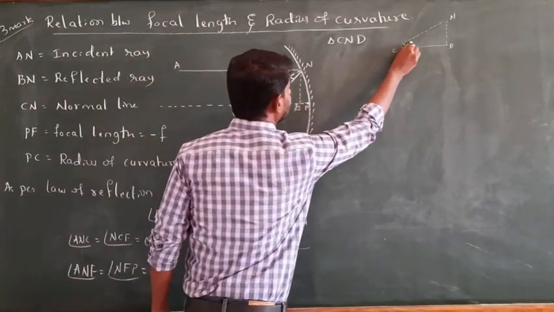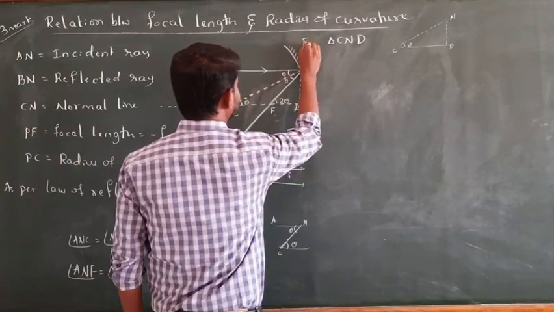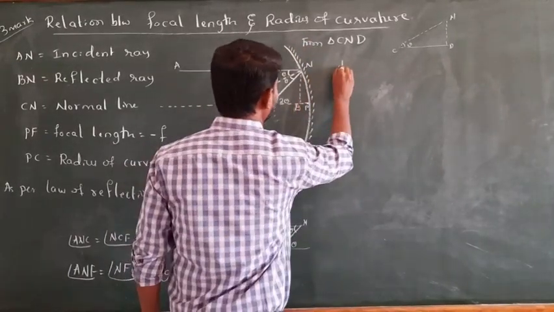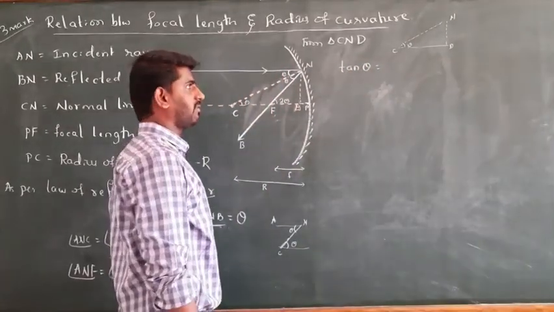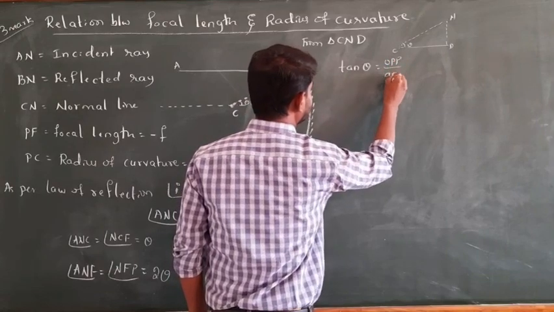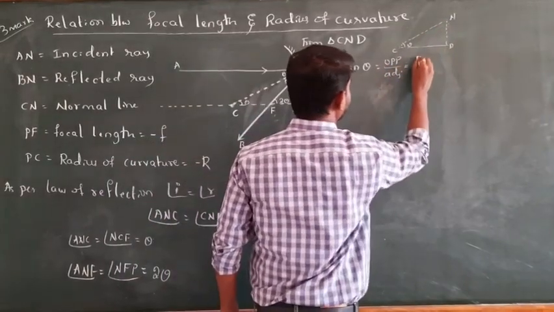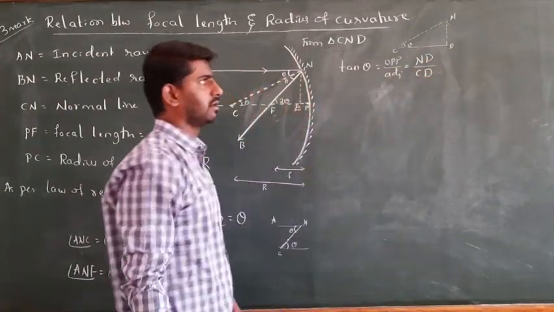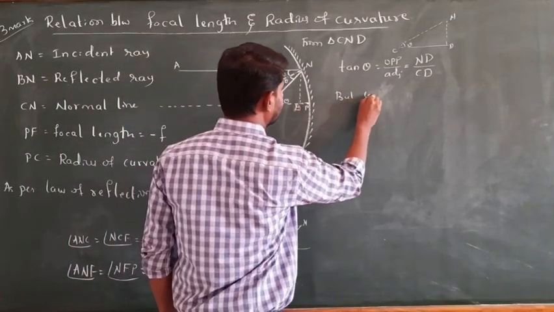This is theta. So from triangle CND, I can write the value of tan theta is equal to, so what's the formula for tan? Opposite side divided by adjacent side. So what's the opposite side here? ND. And what's the adjacent side? This is CD.